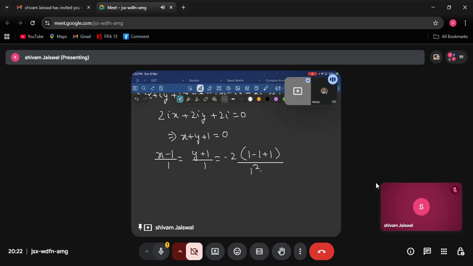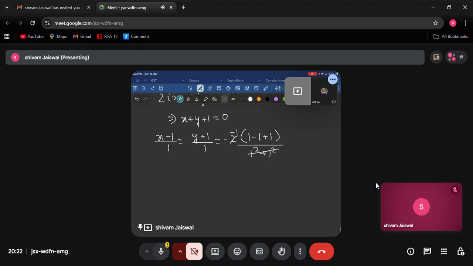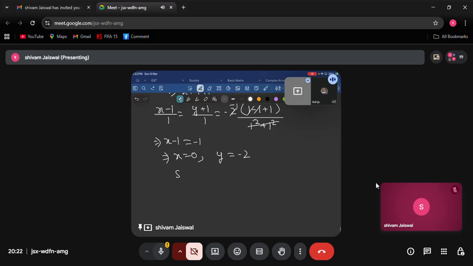So this will be minus 1. X minus 1 is equal to minus 1, so x is equal to 0 and y is equal to minus 1 minus 1, that is minus 2. Therefore the image is minus 2 iota.